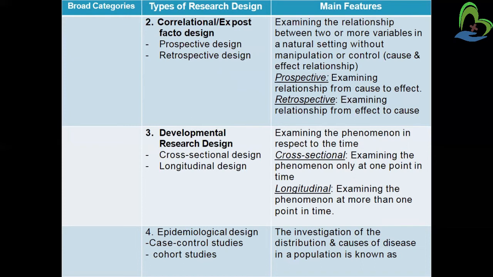Prospective examines the relationship from cause to effect: something is the cause and we follow it to the effect. Retrospective examines the relationship from effect to cause, vice versa. This is the main feature of correlational or ex post facto design. So prospective and retrospective designs are its subtypes.